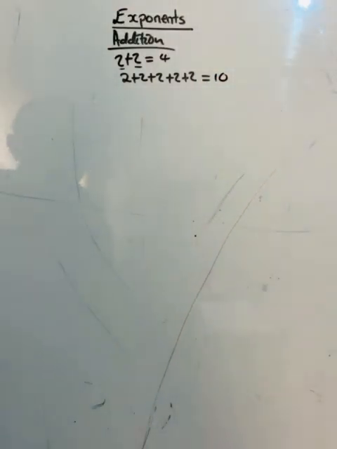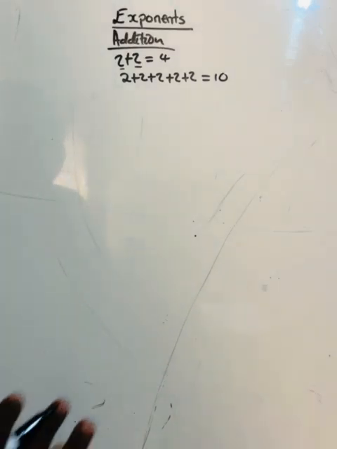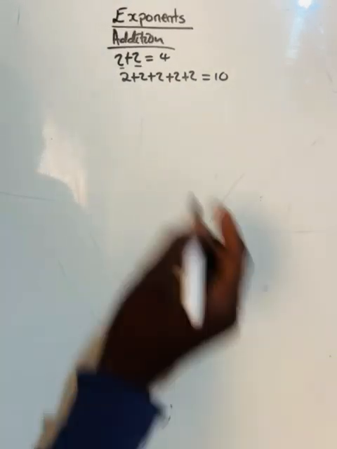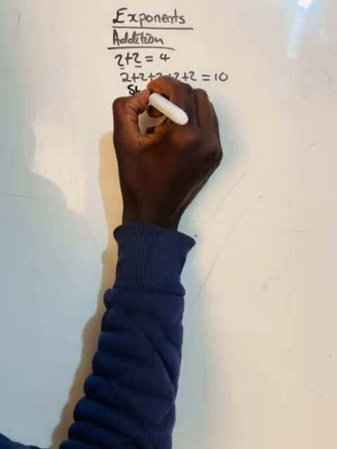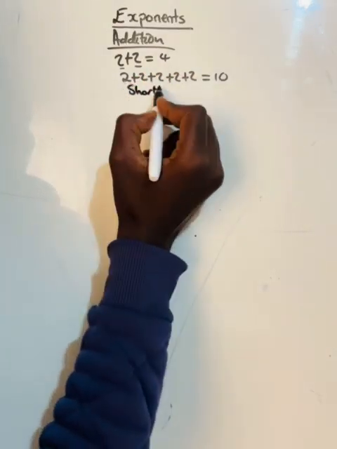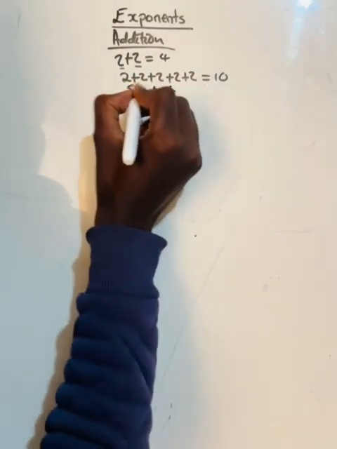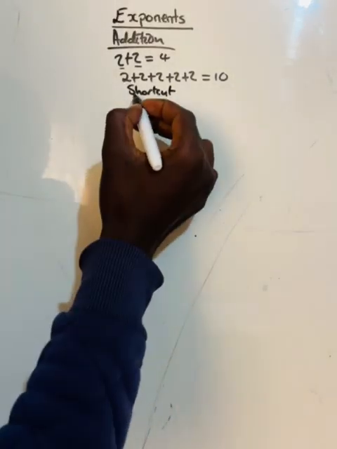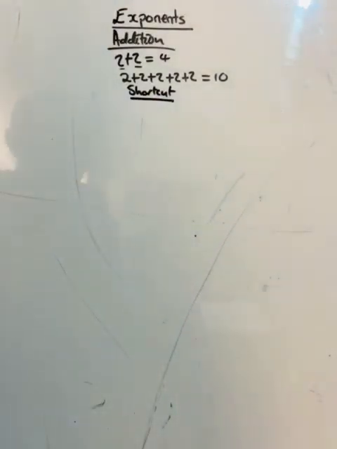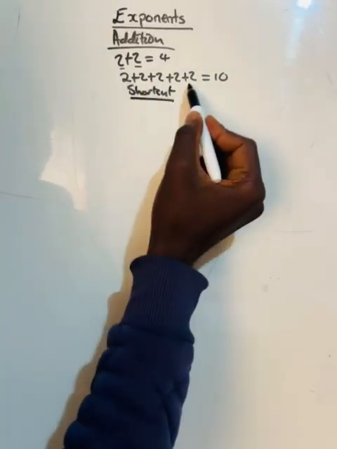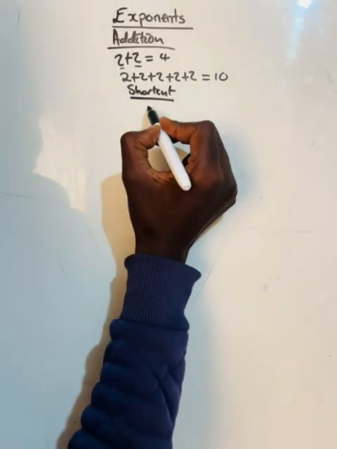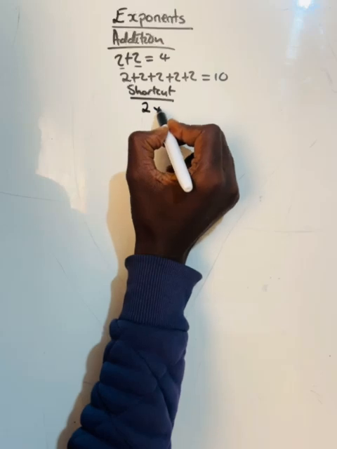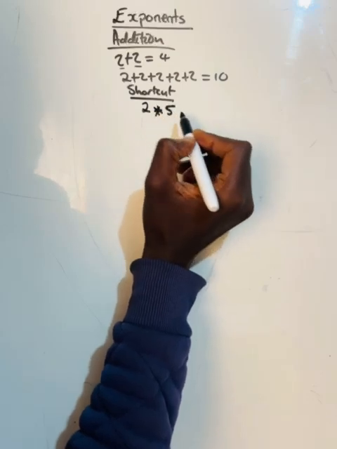Now, in mathematics, there are parts where we need shortcuts. Why? This work is tedious, meaning it's just a lot of work, but we can have a shortcut. So instead of repeatedly adding 2's, what is the shortcut? The shortcut developed by mathematicians was to say, why don't we say 2 multiplied by 5?